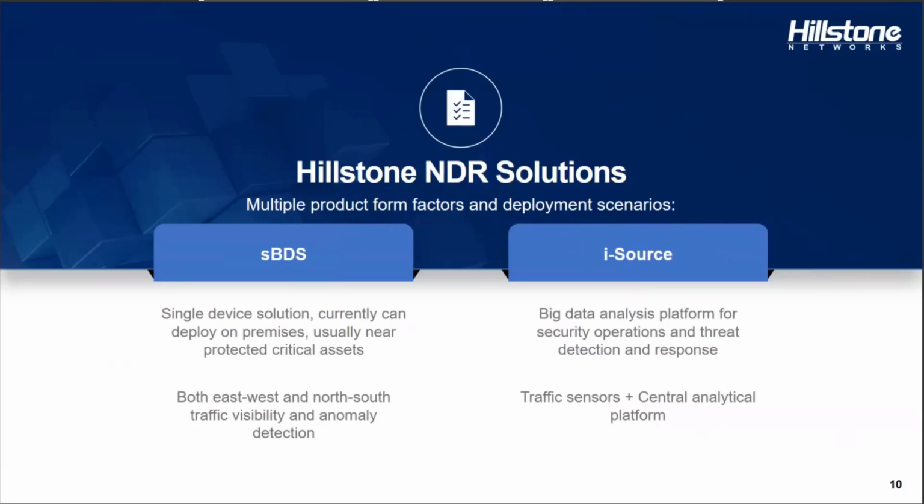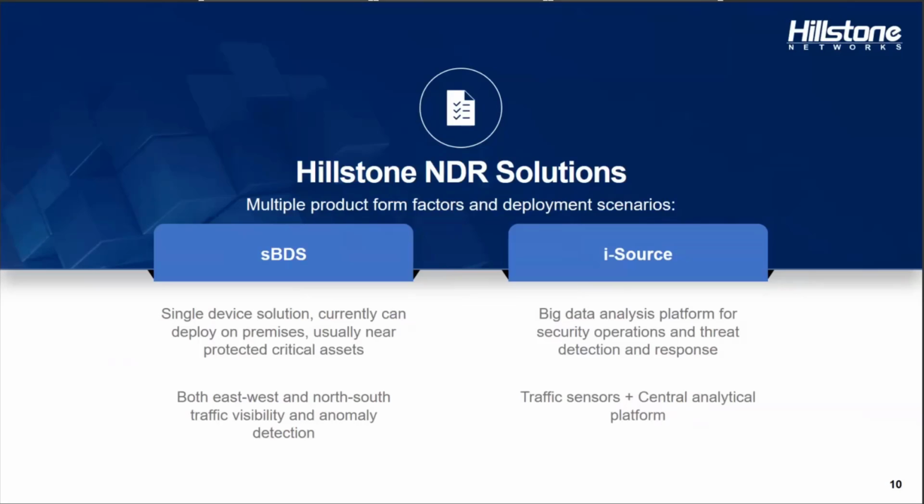This is also the second time we are on Gartner's global NDR recommended vendor list. So the Hillstone NDR solution has a few aspects. First, we have what we call SBDS, Server Breach Detection System, which is a single product solution.